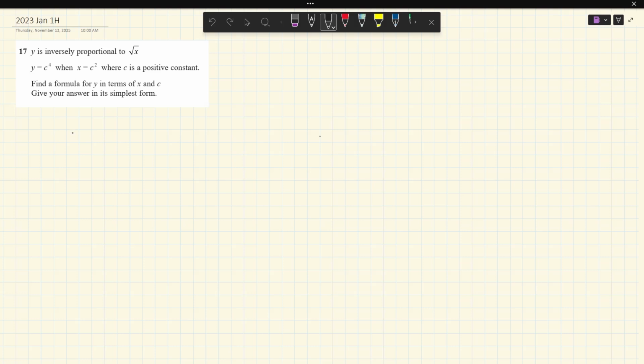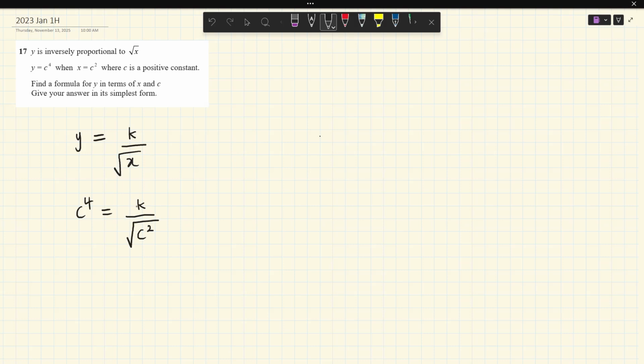So first we can write y is inversely proportional, that means y equals k over root x. Now y equals c to the power 4 equals k over root of c to the power 2.